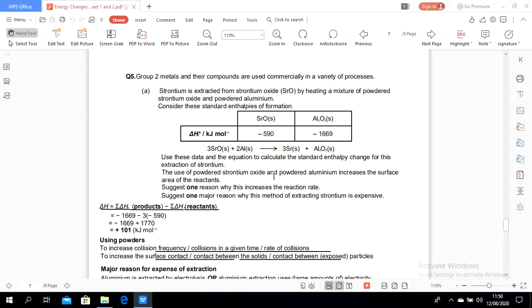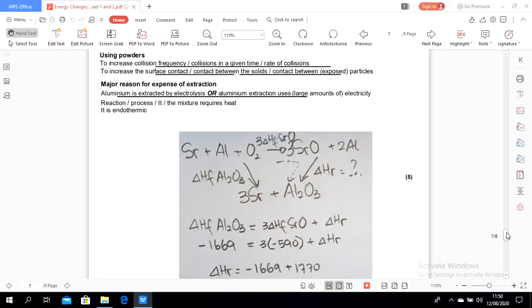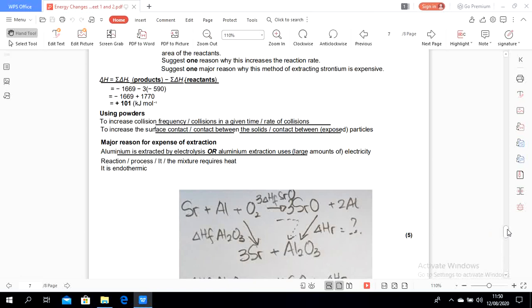Okay. First, we have to find the enthalpy change. For enthalpy change, we use the conventional method in order to find the answer, but in A level and also in our Cambridge, we use the Hess cycle.